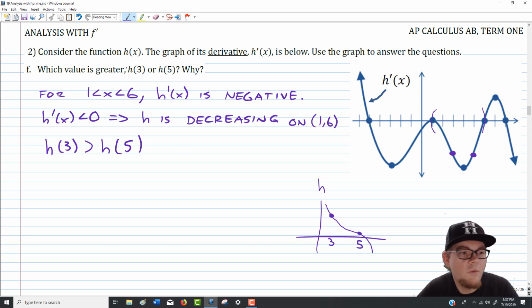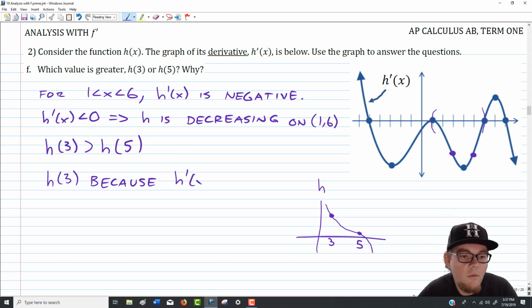So out of the two, we were asked which value is greater, h of 3 or h of 5. Our answer would be h of 3, and our reasoning would be to cite what our properties tell us about h from h prime. So we'd say h of 3, and it's because h prime of x is less than 0 for, and we don't have to say 1 to 6 anymore, we can say literally just from 3 to 5.